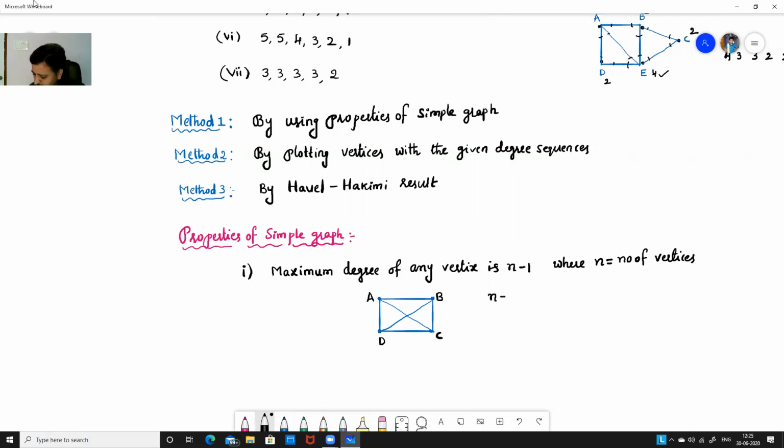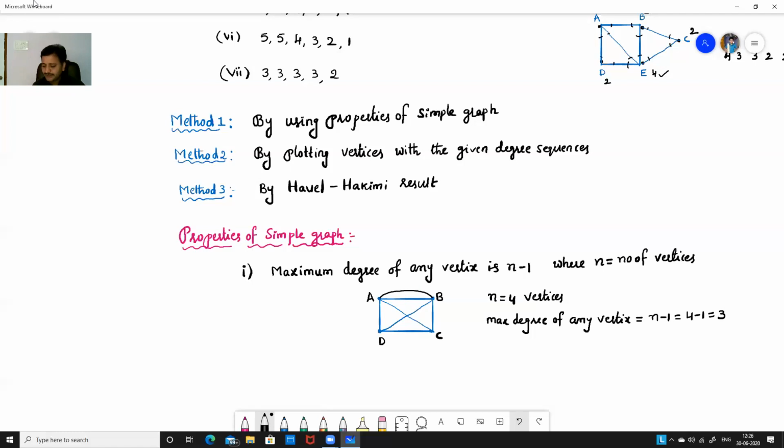In this case, n, the number of vertices, is four. And the max degree of any vertex in this problem is n minus 1, that equals 4 minus 1, which is equal to 3. Maximum 3 only, because if you take one more edge, definitely it creates parallel edges. For example, if I add one more edge like this, obviously parallel edges occur, which means it is not a simple graph.